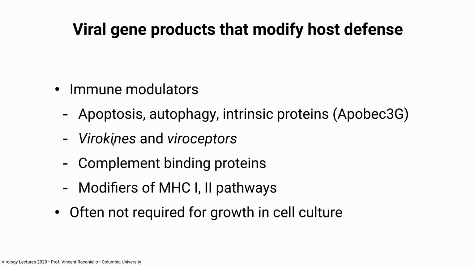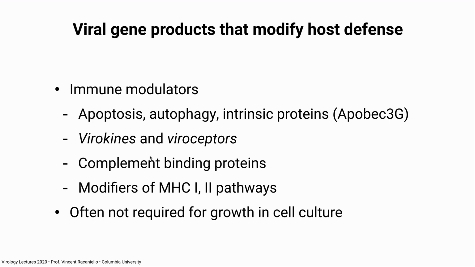And so the viral homolog of the chemokine would bind the chemokine receptor but not have the same effect. So it would block the normal chemokine from binding. And in the same way, these viroceptors are soluble chemokine or cytokine receptors, which will bind the normal cytokine or chemokine produced by the host and prevent it from binding its receptor on the cell surface.